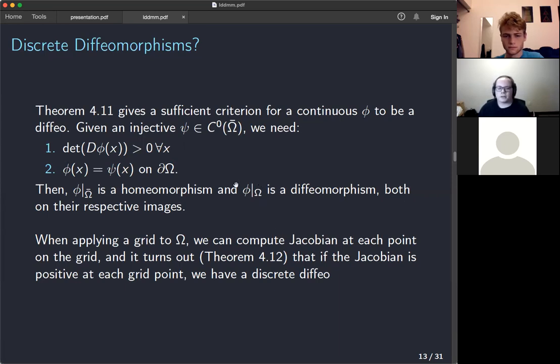If you apply a grid to omega, then computing this determinant at each grid point is easy. And it turns out that if this determinant is positive everywhere, that's good enough to guarantee injectivity of this psi. So that means we have a discrete diffeomorphism, meaning all we have to do is check that it's orientation preserving on the grid.